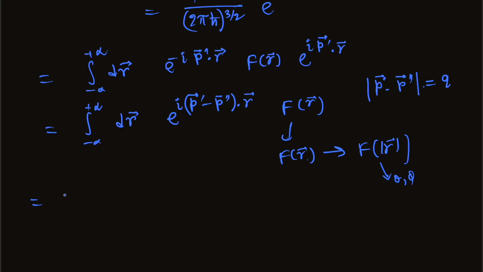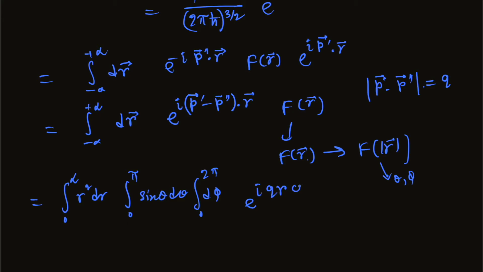So here we can write dr as the integral from 0 to infinity r square dr, 0 to pi sine theta d theta and d phi from 0 to 2 pi, with e to the power i q r cos theta, and f is only a function of r.